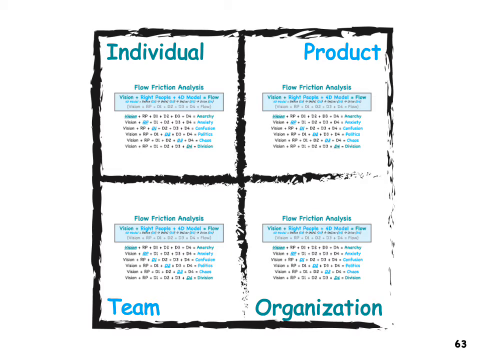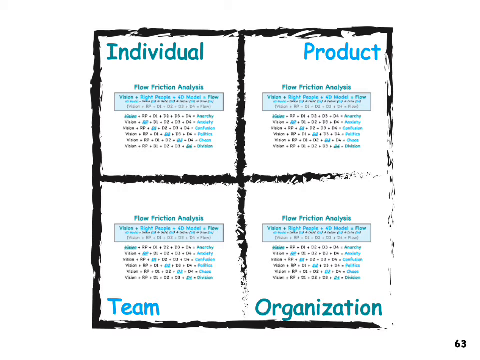And so the team, if they're feeling that there's anarchy or anxiety, confusion, politics, chaos, or division, you can quickly use that to say, oh, okay, well, if they dot vote and 3 of them pop up, then you can go to the root cause and say, okay, if it's politics, then obviously we don't have agreements. Let's figure out where we need to get agreement in order to eliminate that from the voting. Same for product, program, process level, and definitely the same for the organization level.